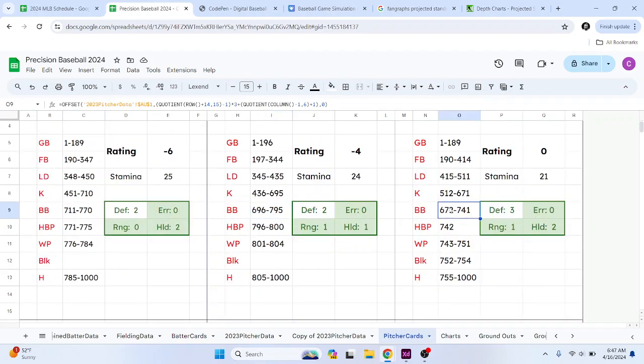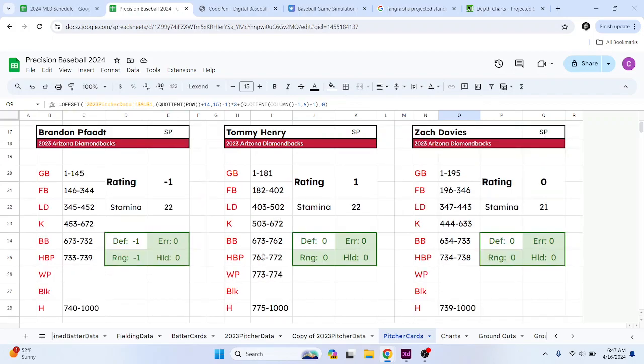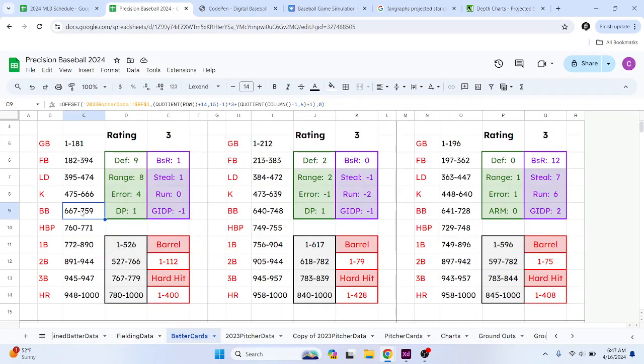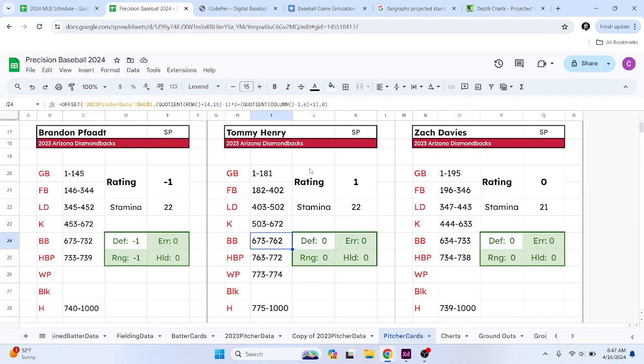And same thing here, it gets even worse for this guy. And as you get to a +1 rating, 673 is about the same as here. So good things start happening about 667. Good things start happening off of Tommy Henry at 673.